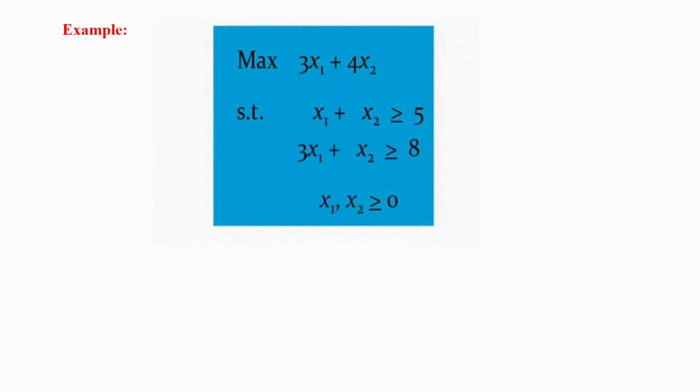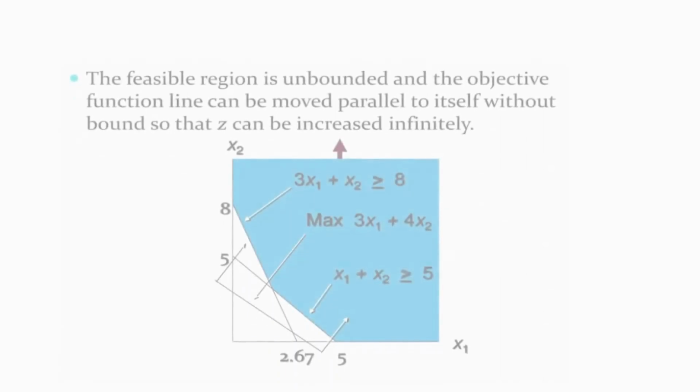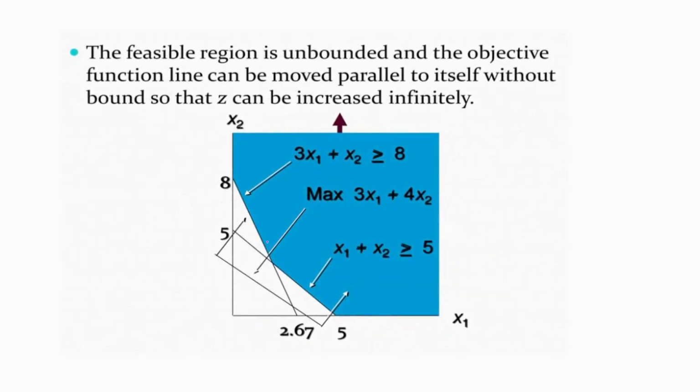So consider this question where we'll be talking about the unbounded solution. So this is a maximization type question, and in this we have the constraint of greater than equal to. So here when you will plot it, we'll see that 3x1 plus x2 is greater than equal to 8. So we are talking about this region. x1 plus x2 greater than equal to 5, again this region. So the common region would be this only.